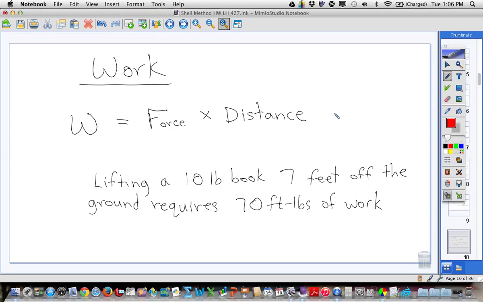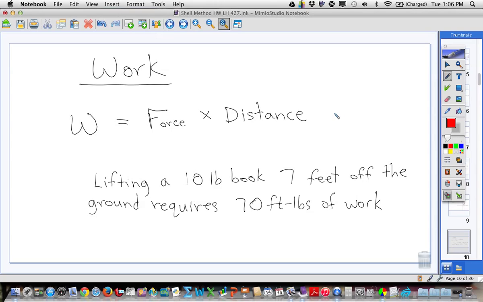And in calculus, we would actually ignore that difference too, if you're only moving 7 feet, okay? But there is a variable force in it. So as I pick up this book and move it 7 feet, technically, theoretically, that force is actually changing. It's weighing a little less as I get it up to that 7 foot distance. Now, like I said, we're going to ignore that, but that gives you an idea of variable force.